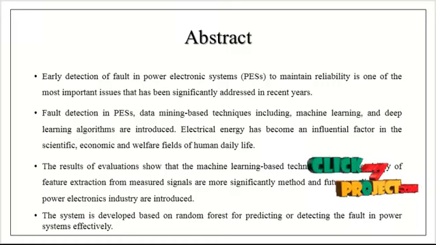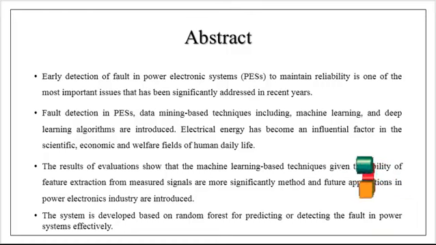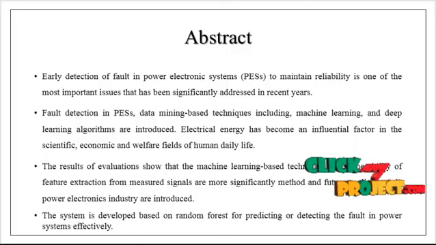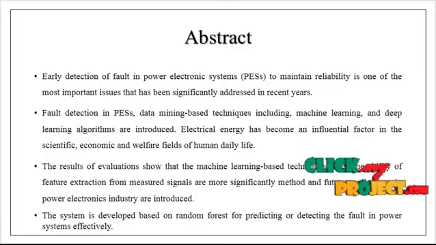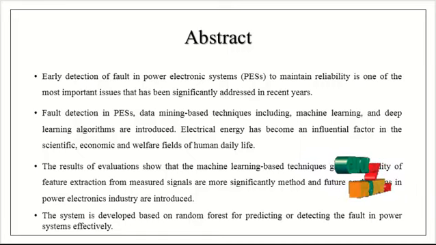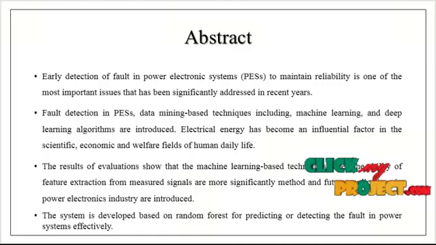So we have to predict whether the fault has occurred, or if it has not occurred, it will send the report as a non-fault. If it is a fault, it will show the data as fault data. Finally, the performance will be evaluated: how much classification accuracy is achieved for the fault detection rate.